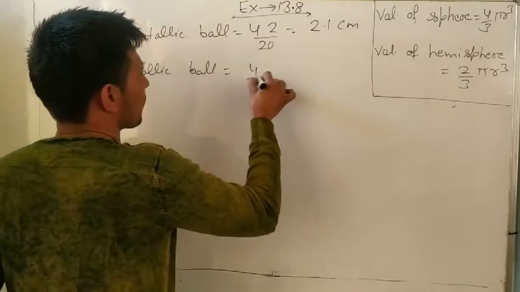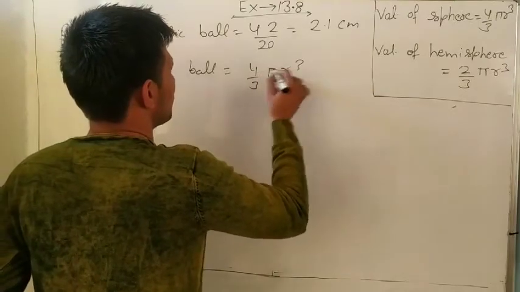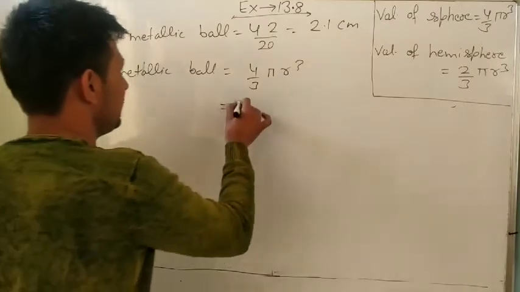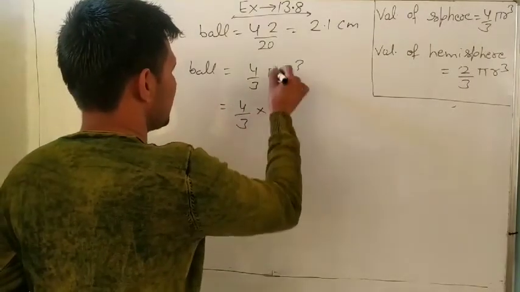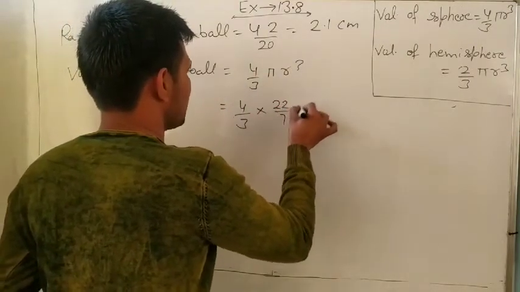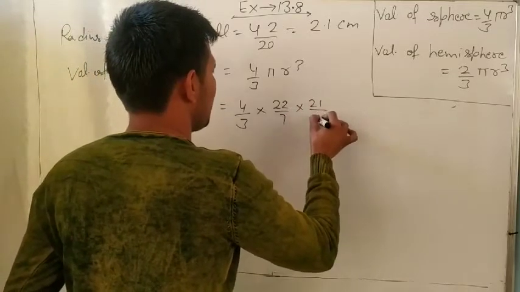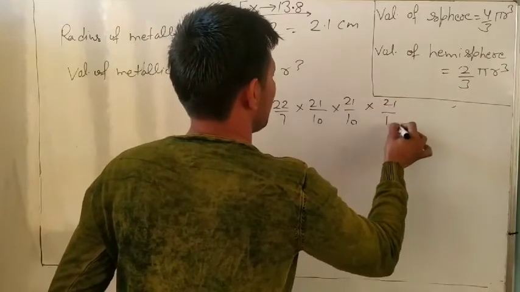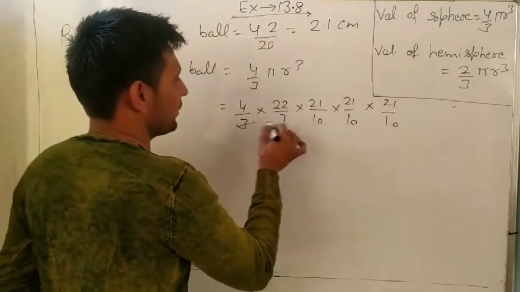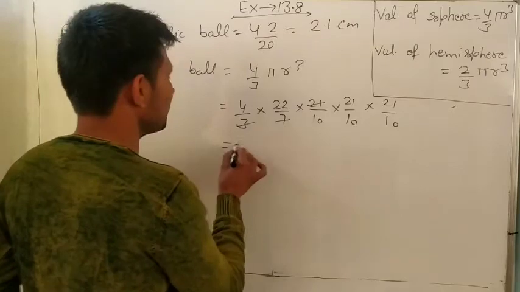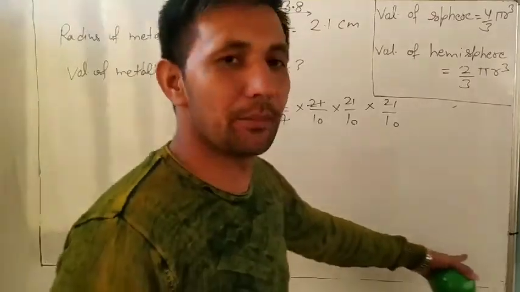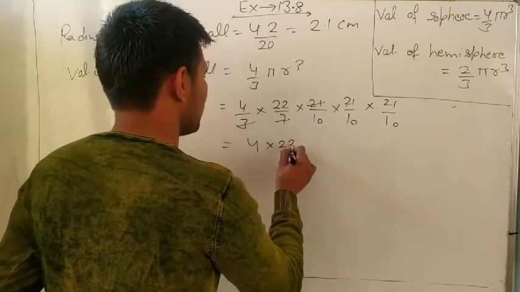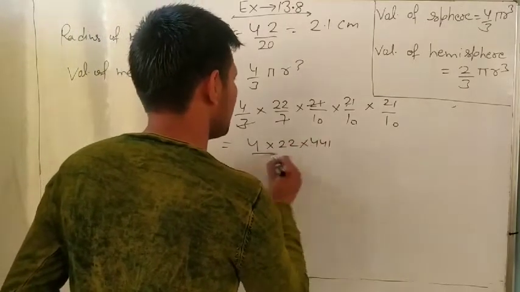The volume of a ball is 4 upon 3 pi r cube. Pi is 22 by 7, and r is 21 divided by 10, cubed. 3 into 7, 21. It becomes the same as the previous question, because 21 into 21 is 441, and 4 into 22 into 441 divided by 30.